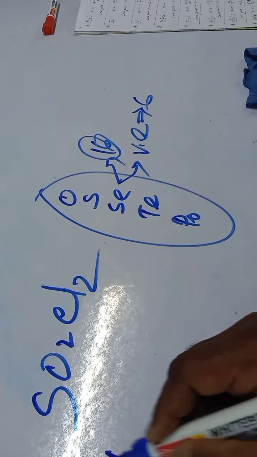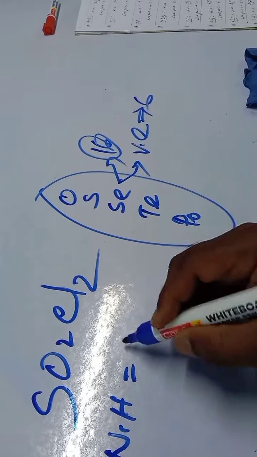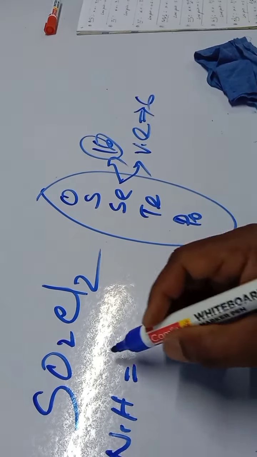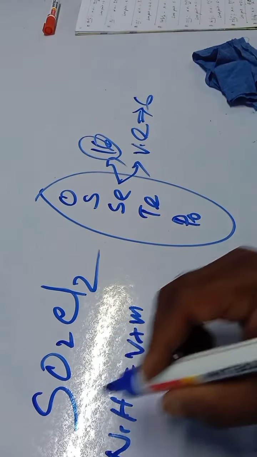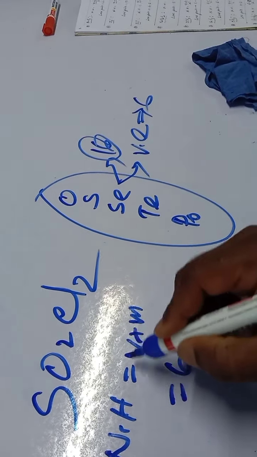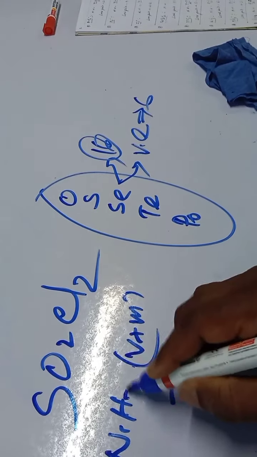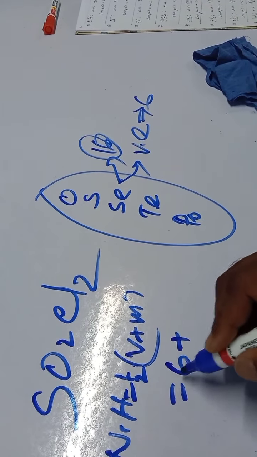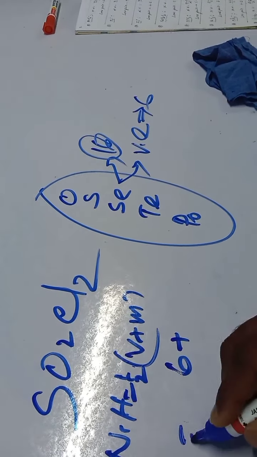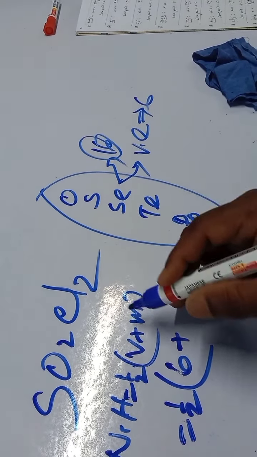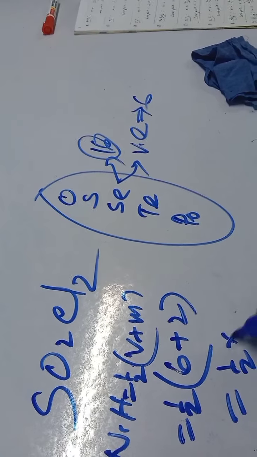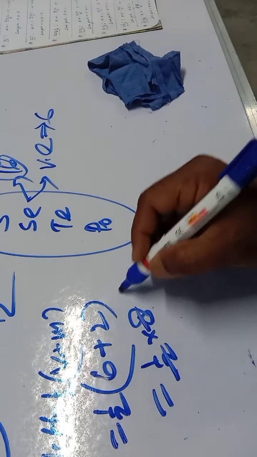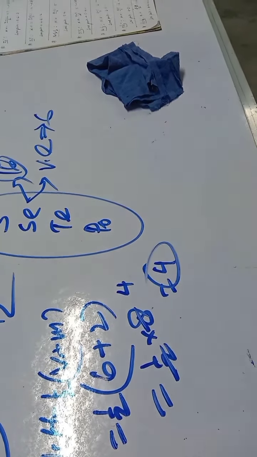The number of NA, the number of hybridization, you may write half into V plus M. V means sulfur 6, half into V plus M, plus 2, equal to half into 8, that is 4.